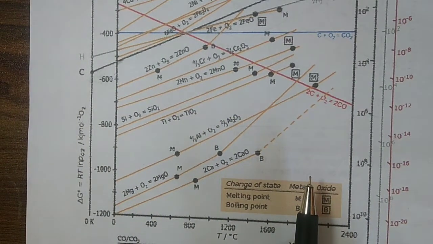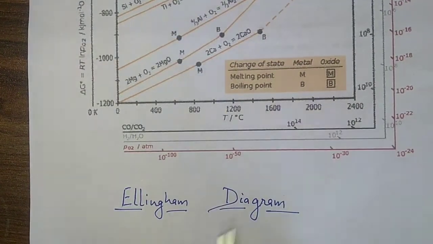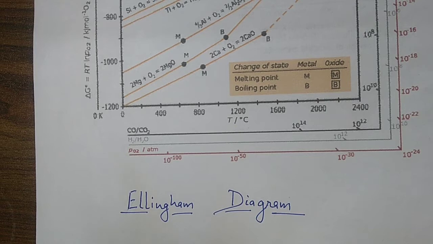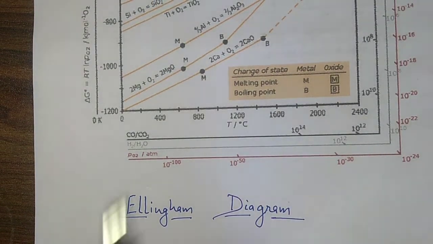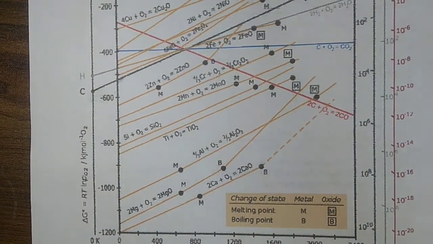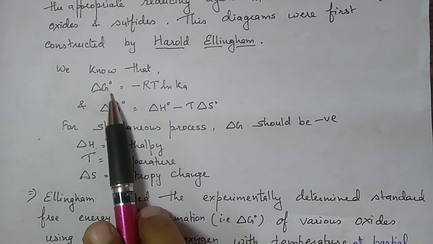This diagram was first constructed by the scientist Harold Ellingham, and it is very much useful for metallurgical processes.